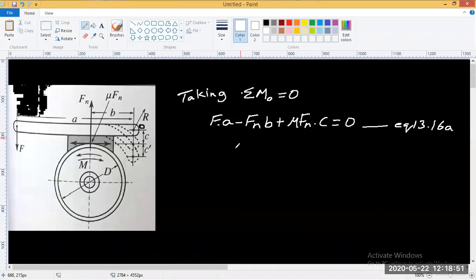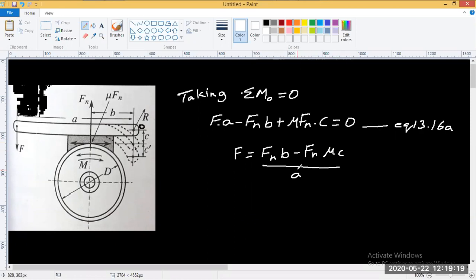So therefore, we can simplify this in the next step: force F equals Fn times (b minus mu times c), the whole divided by a.